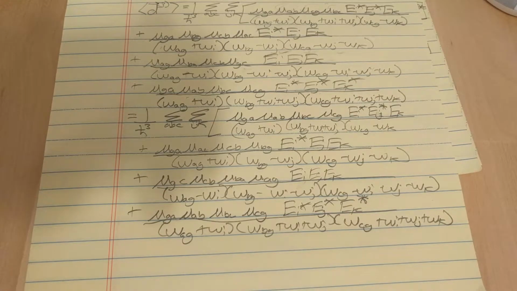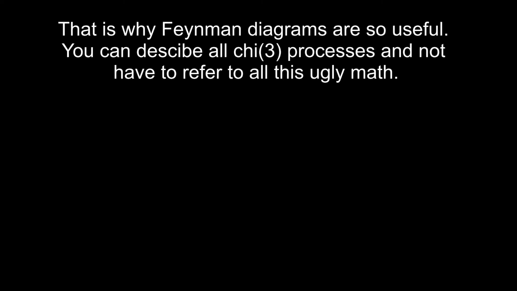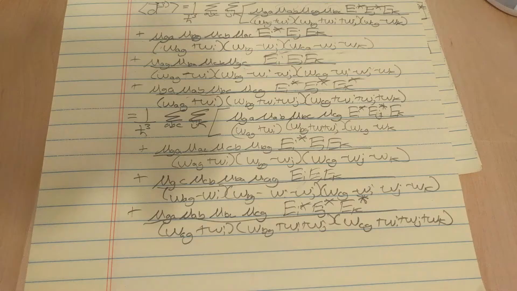Those processes being things such as stimulated Raman, coherent anti-Stokes Raman, and all the other 48, I think, chi3 processes. So they're all captured by this.